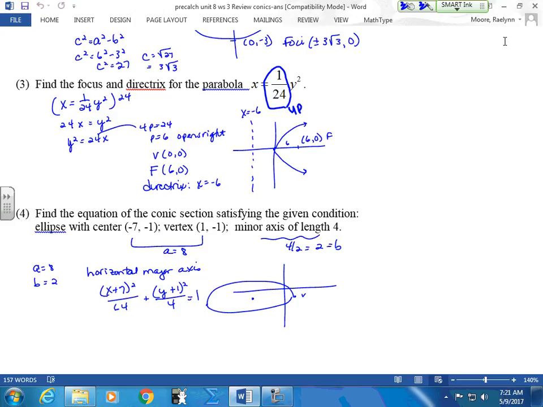Actually, nope, don't set that equal to 4P yet. You got to get y squared by itself first, and then set that equal to 4P. And make sure you just label things. A directrix is a line. So make sure you give me the equation of a line. Don't just say -6, because it needs to be a line.